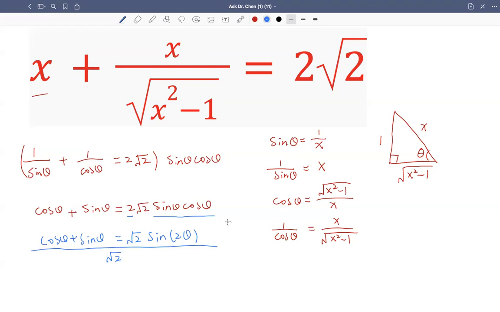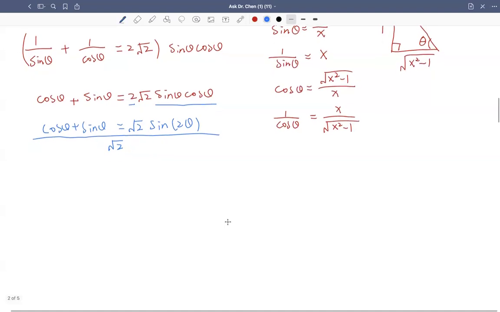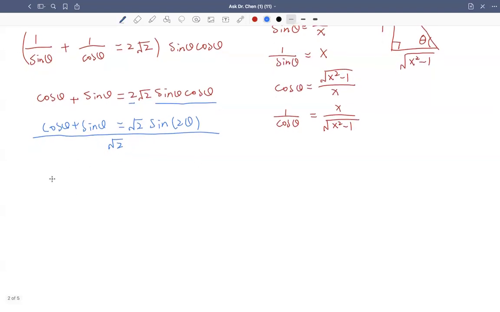Then we have cosine theta divided by square root 2 plus sine theta divided by square root 2 equals sine of 2 theta.